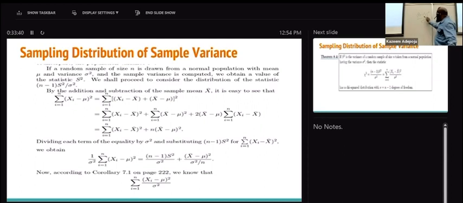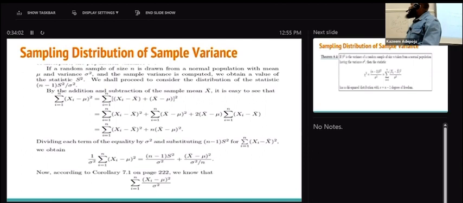We want to focus on this. What is S squared? Sample variance. What is sigma squared? Population variance. What is n minus 1? Degree of freedom. Degree of freedom is the sample size minus 1.